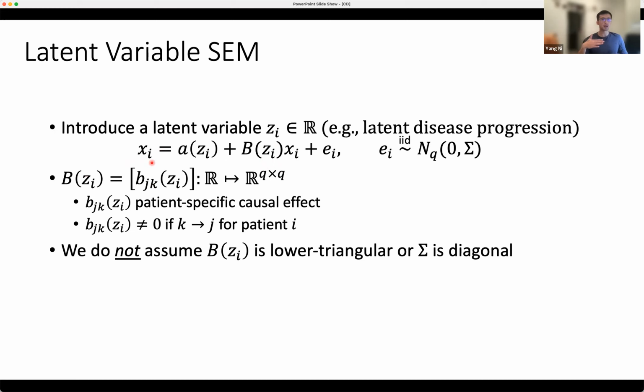That's the way we account for the heterogeneity in the data set. In terms of interpretation, B_jk(Z_i) is basically a patient-specific causal effect, if we're dealing with a patient population.